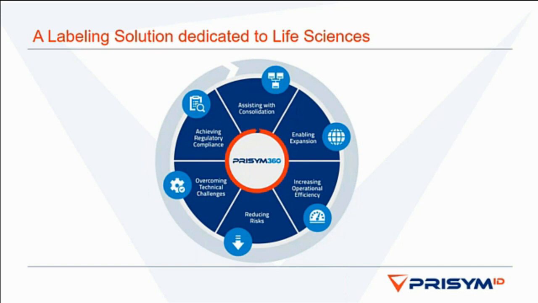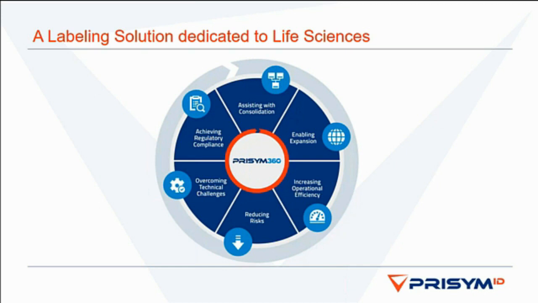Now, a label design system that's fit for purpose will support single multi-page designs through a variety of production mechanisms. It will provide the ability to use inkjet thermal printers linked to third-party manufacturers. And our Prism 360 solution was created in collaboration with working groups from many of the industry's leading medical device and pharmaceutical companies.